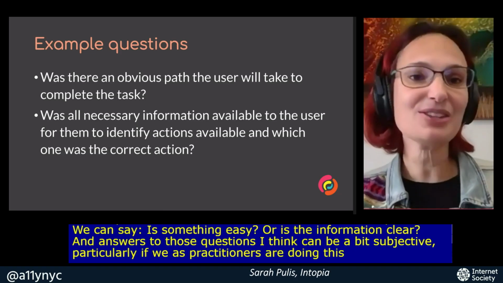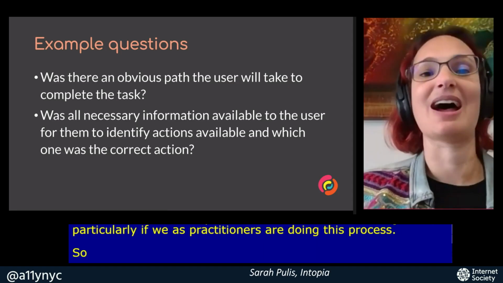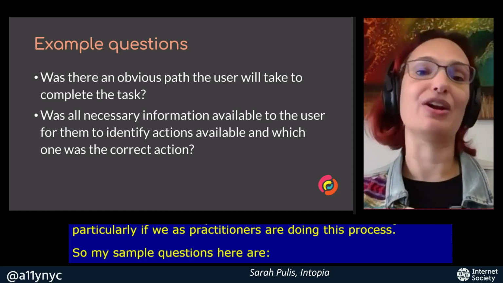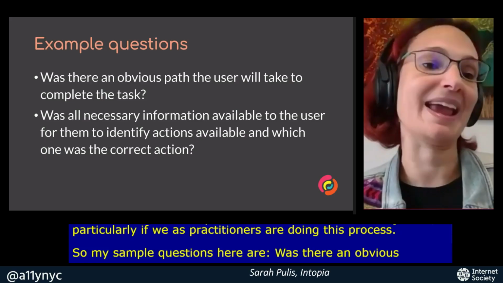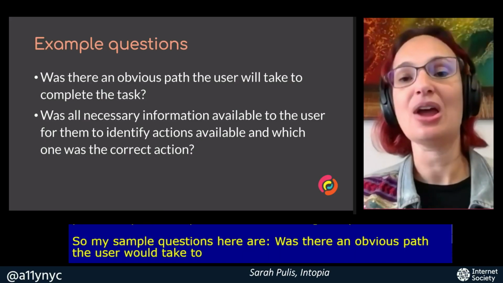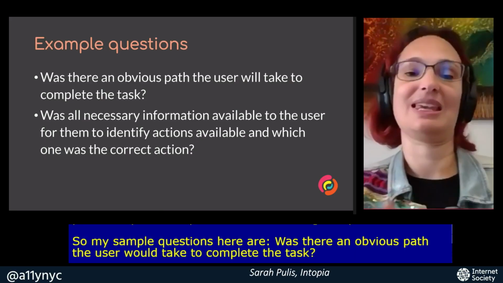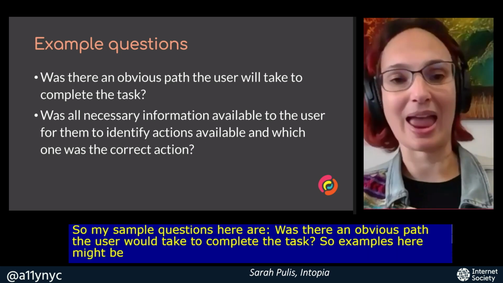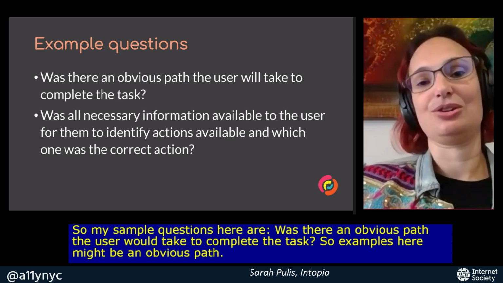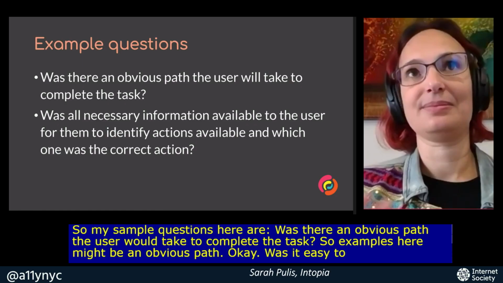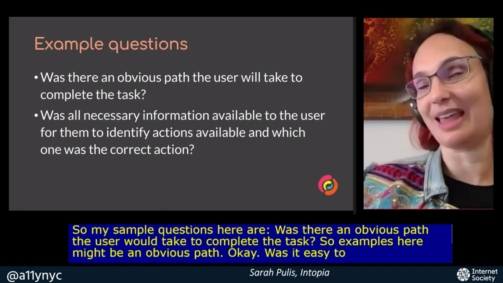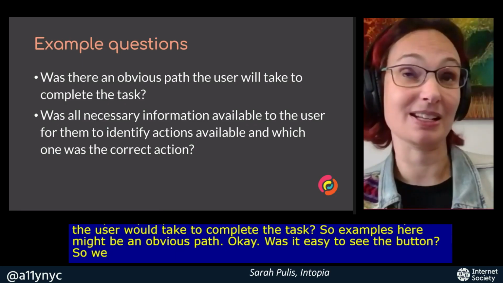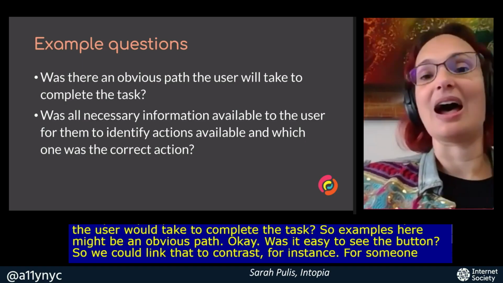So my sample questions here are, was there an obvious path the user will take to complete the task? Examples here might be an obvious path. Okay, was it easy to see the button? So we could link that to contrast, for instance, for someone with low vision.